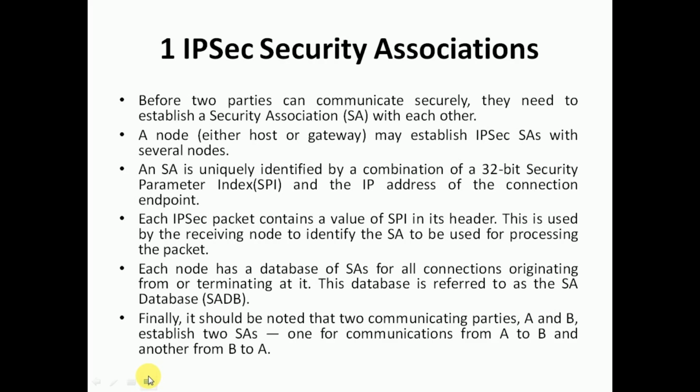Then IP Security Association, that is IPsec Security Association, we call it an IPsec SA. So before two parties can communicate securely, they need to establish a security association with each other. A node, which can be either a host or a gateway, may establish IPsec SA with several nodes.